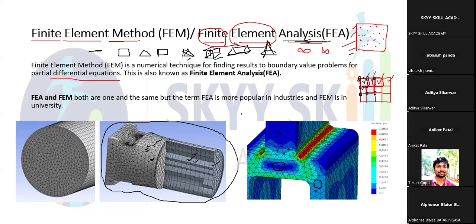One way to check quality is the aspect ratio. What is aspect ratio? Now, if I'm having an element, let's say a triangle or a quad element, let's say I'm having this quad element.